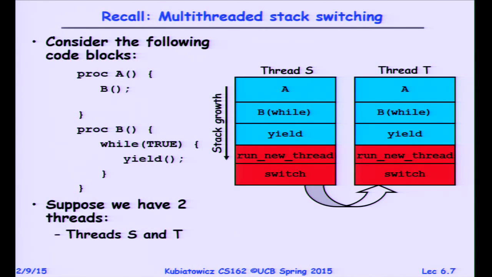Okay, and now what's amusing about this is while S called switch, normally you return from switch, you return from run new thread, you return from yield, you work your way back up the stack, except I switched the stack. And so when I return, suddenly I'm returning up through T. Okay?